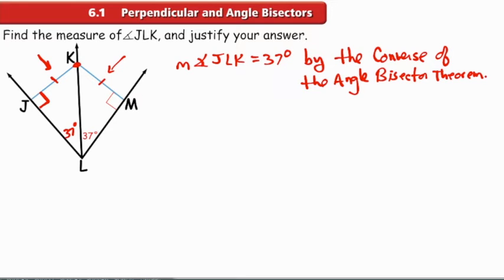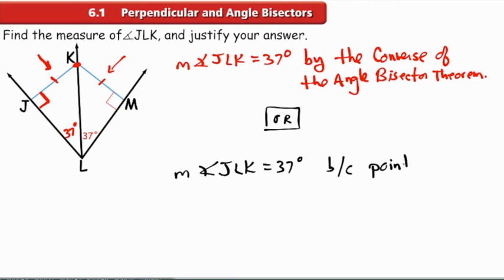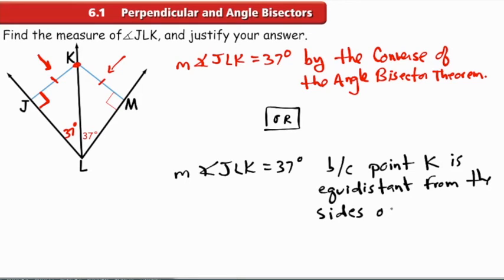That is the succinct way to answer it, or if you want a more thorough way of answering it, we can say the measure of angle JLK is 37 degrees because point K is equidistant from the sides of angle JLM, making KL an angle bisector.